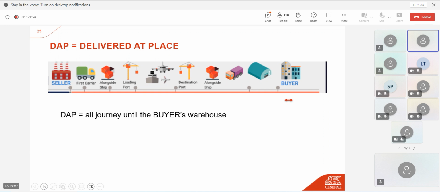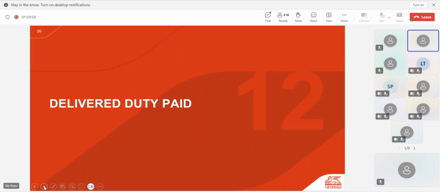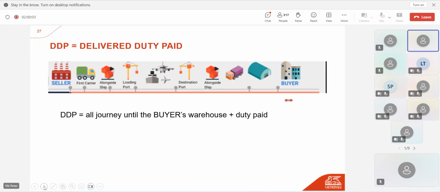All right. So basically, I've come to the end of my, sorry, another one, delivery duty paid. This one is the same as DAP, but they pay all the duty that is required along the way. As you know, there are many duties along the way, but normally this is seldom used, because duty is a subjective calculation, and certain customs have a different calculation basis.